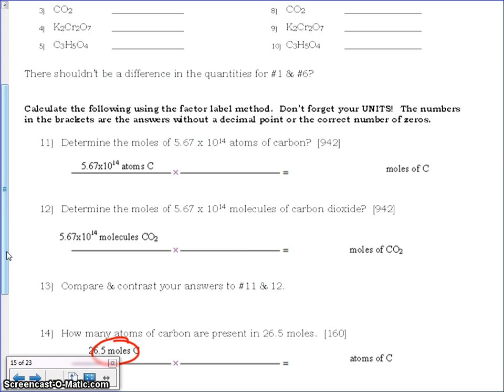So if I have 5.67 times 10 to the 14th atoms of carbon, you'll see that number is written first. That's our given value, and I want moles. I have to create the right version of the fraction to convert this. Now, in every mole of anything, we have Avogadro's number of particles.